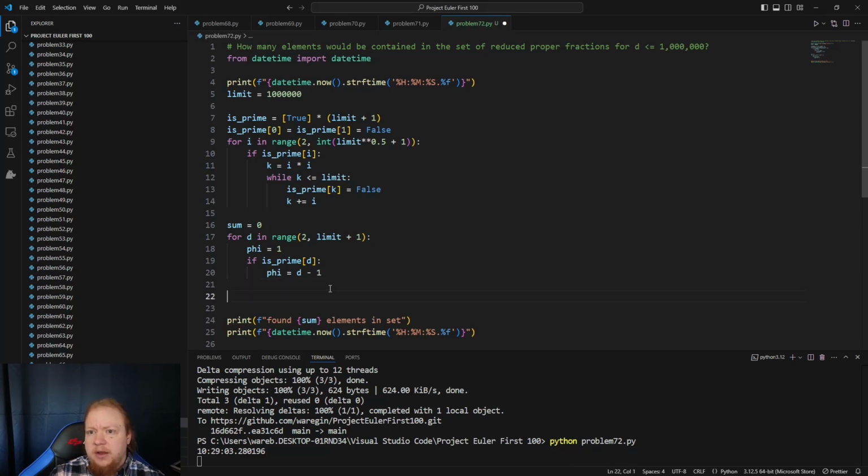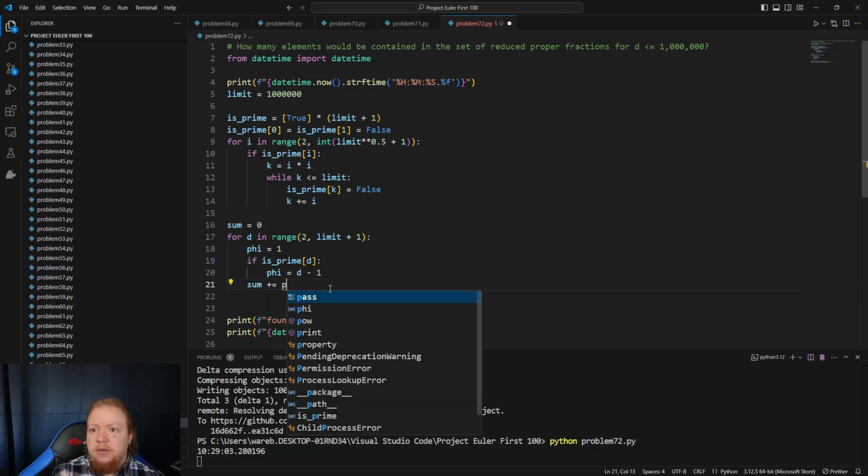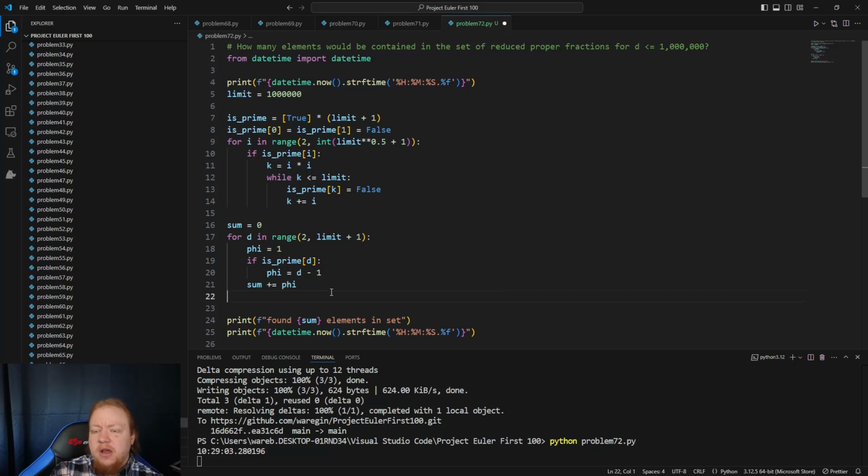Let's ignore that else for right now and just do sum plus equals phi. Obviously, this is not going to be the correct answer, but let's see.